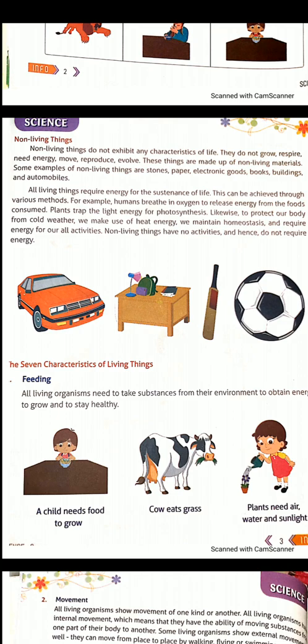Likewise, to protect our body from cold weather, we make use of heat energy. We maintain homeostasis and require energy for all activities. Non-living things have no activities and hence do not require energy. Okay.